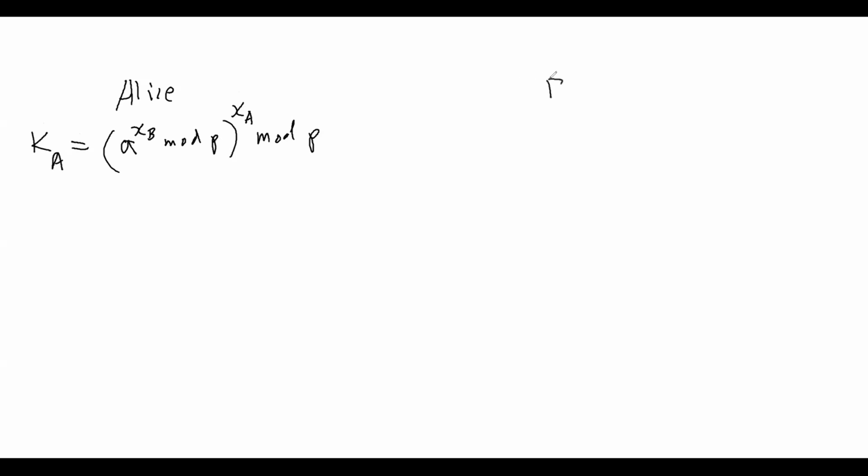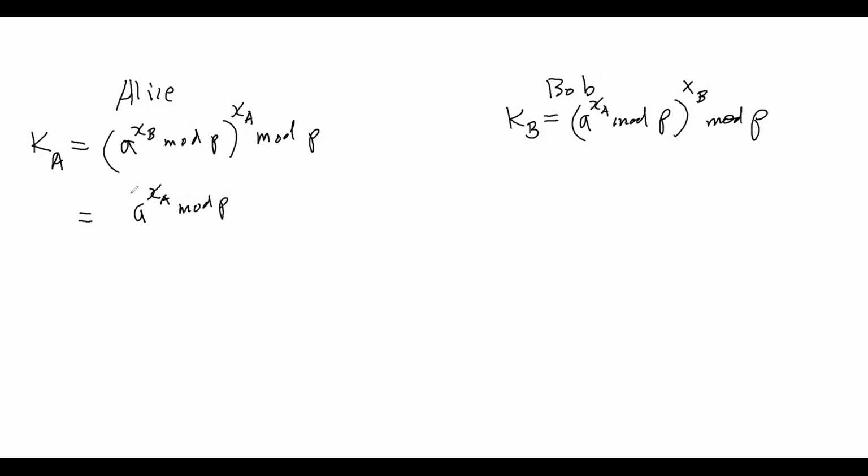Okay, and Bob does the same. KB, he gets A to the XA mod P from Alice and then raises it to the XB's power and then mod P. So this is equal to A to the XA mod P, XB mod P, and this is equal to KB.